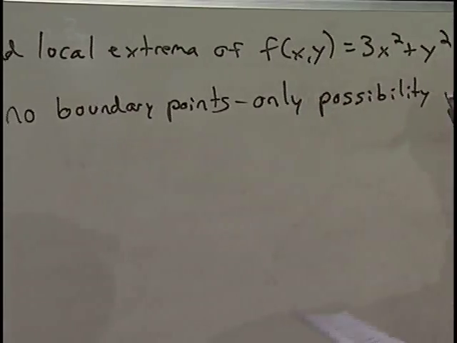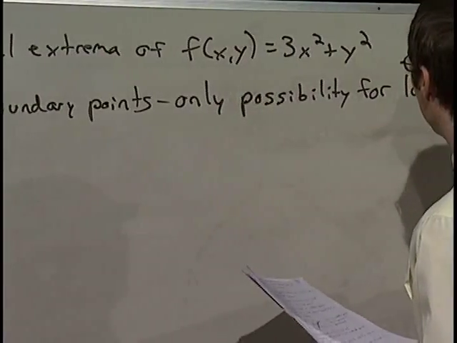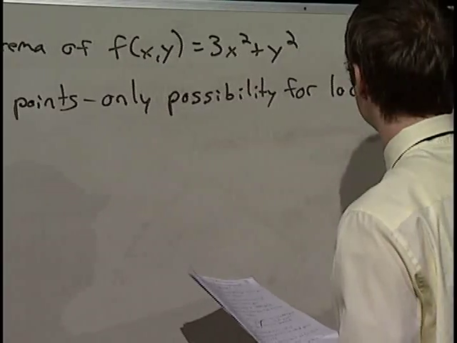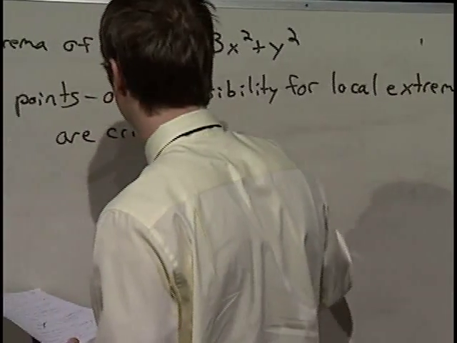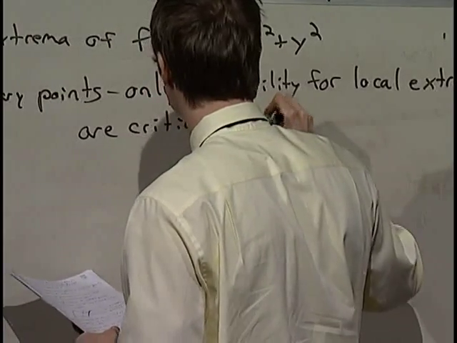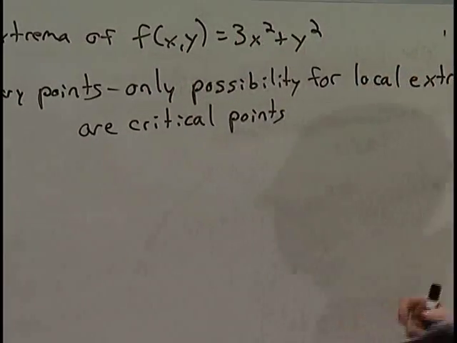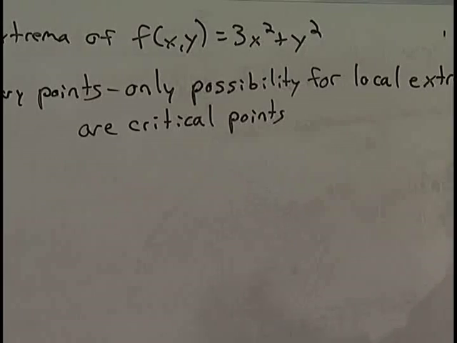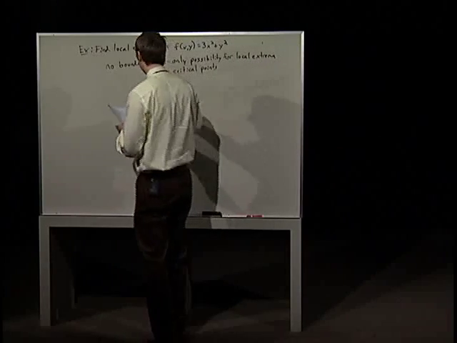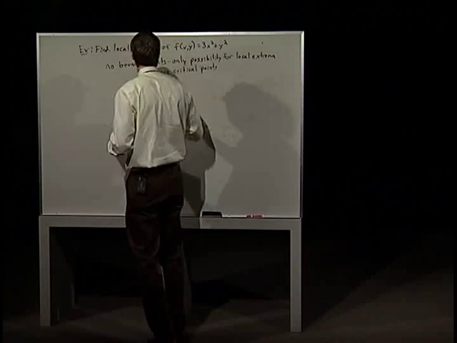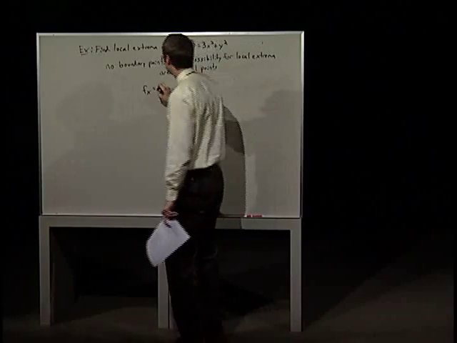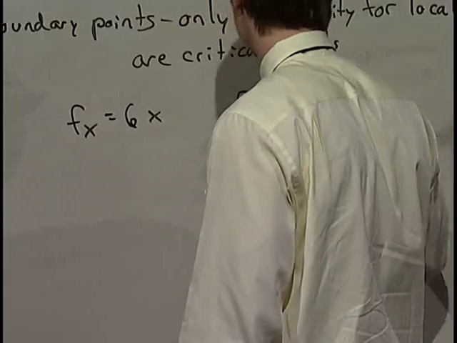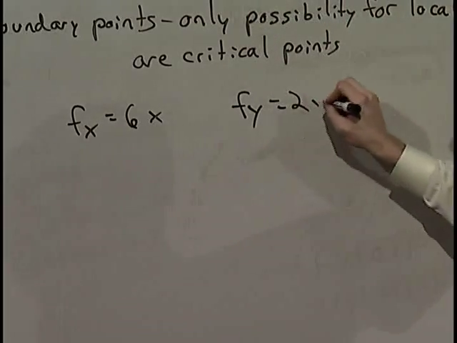So the only possibility for local extrema are critical points. If there are any local extrema, they're going to come from critical points of this function. So partial f partial x of this is just 6x. Partial f partial y is just 2y.